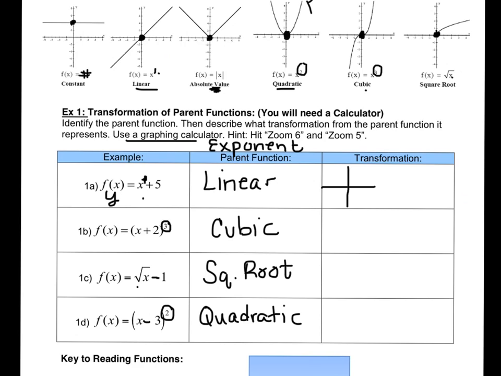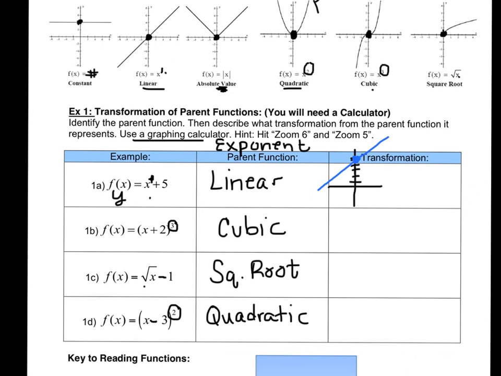But the linear function that is x plus 5 is going to be 1, 2, 3, 4, 5 units up, and then you'll have the line, just like that. Now we have to describe in words what the transformation is, and I just said out loud what it is.